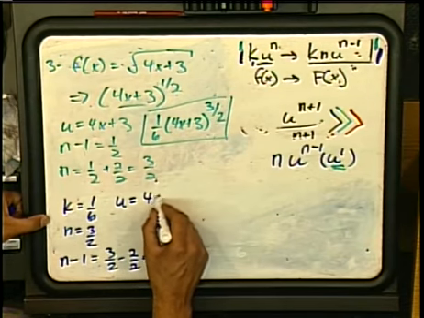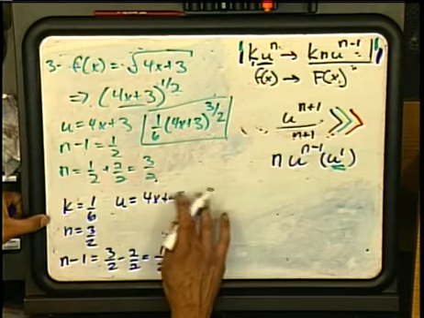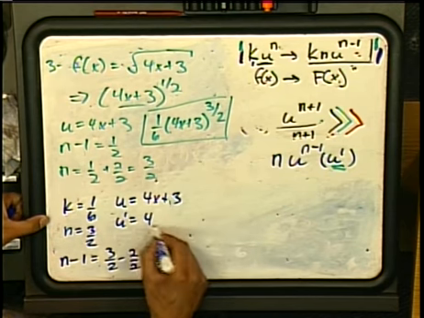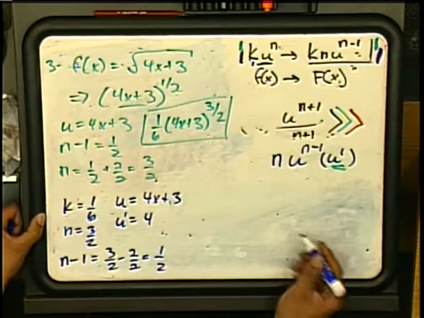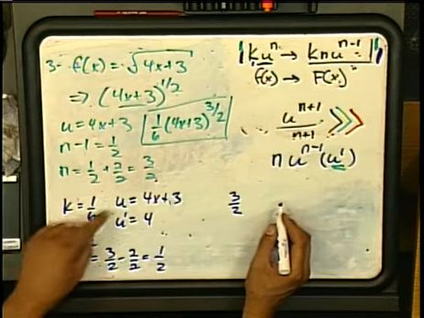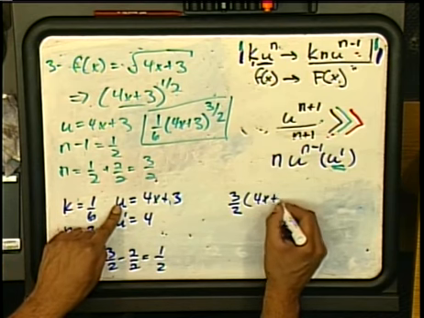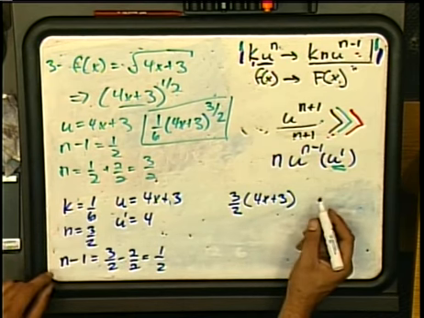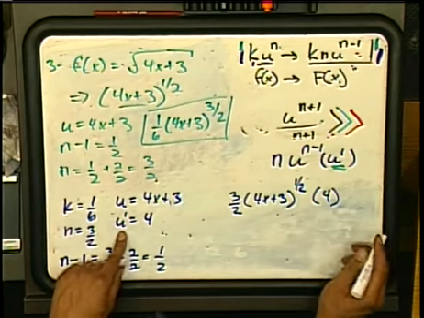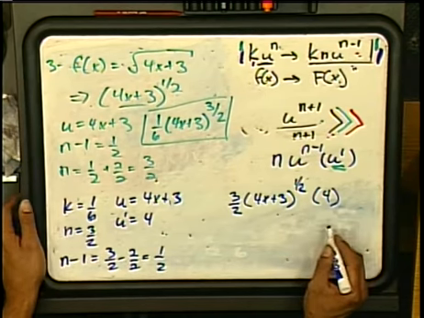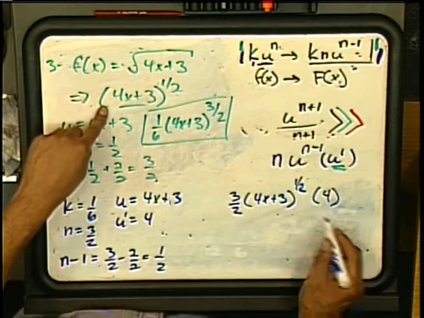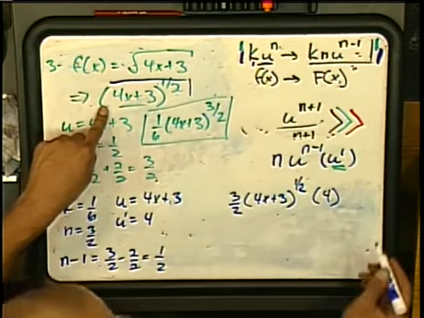U equals 4x plus 3. U prime equals 4. Let's plug it in. That should give us this.